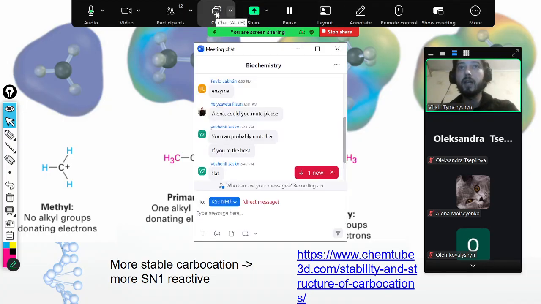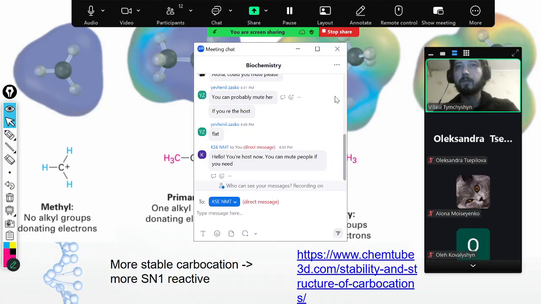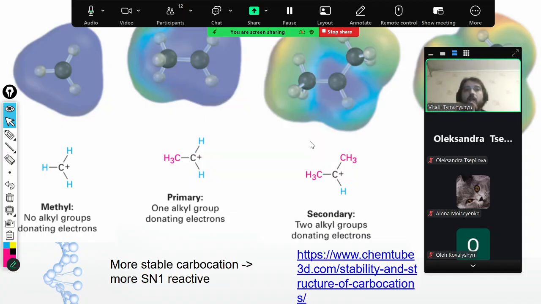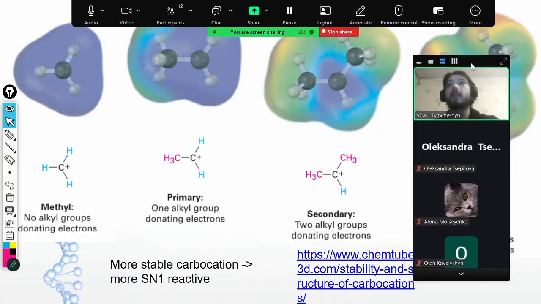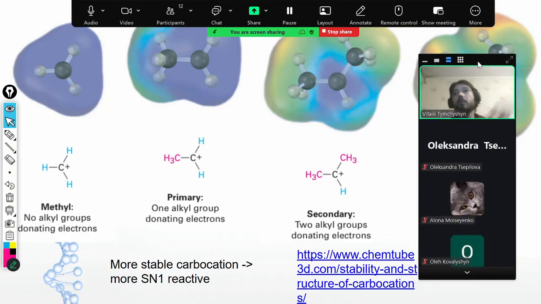So we can get a better reaction when whatever is left after the leaving group leaves is more stable, because it means there are more chances for the leaving group to go.